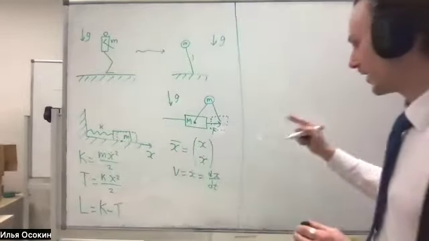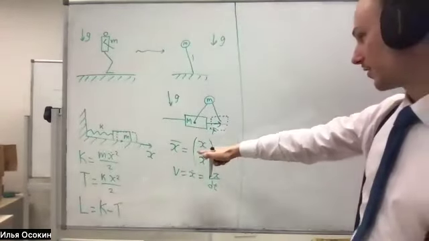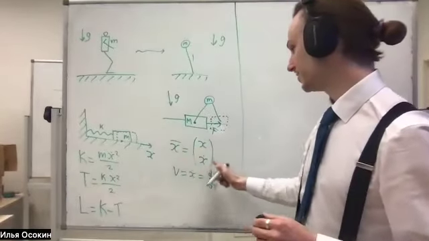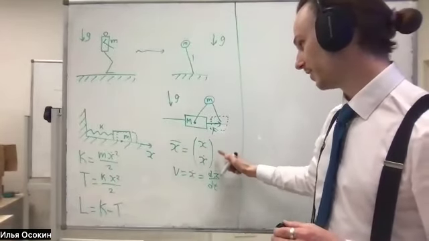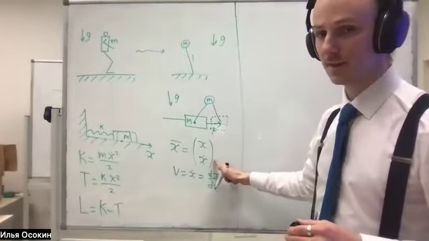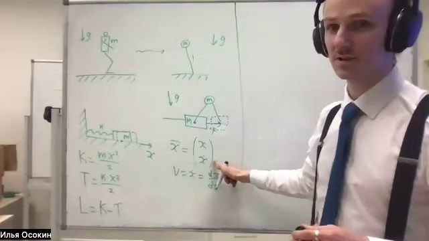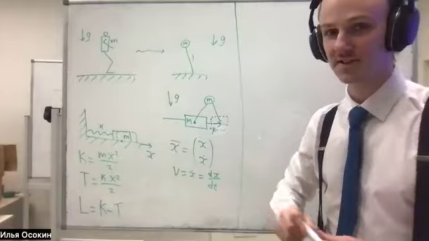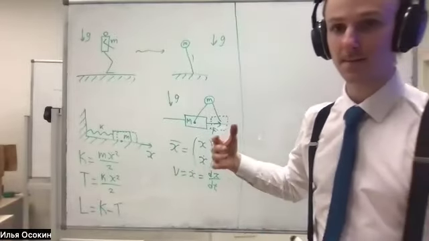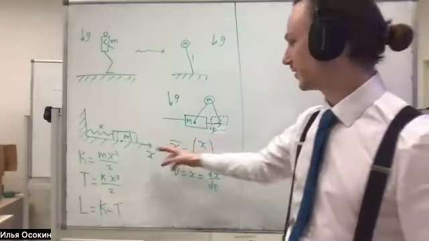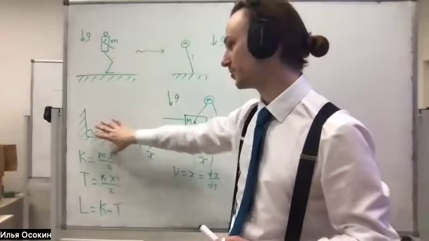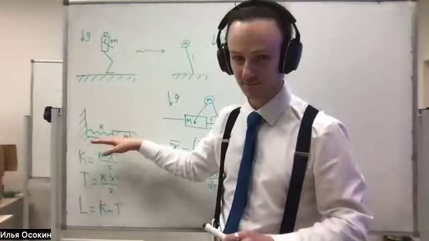So I have mentioned that the whole description of the system is a two-dimensional vector, x and x dot. And here, the system has 1 degree of freedom in the sense that in terms of the displacement, this block could move only to the left and to the right along one axis.